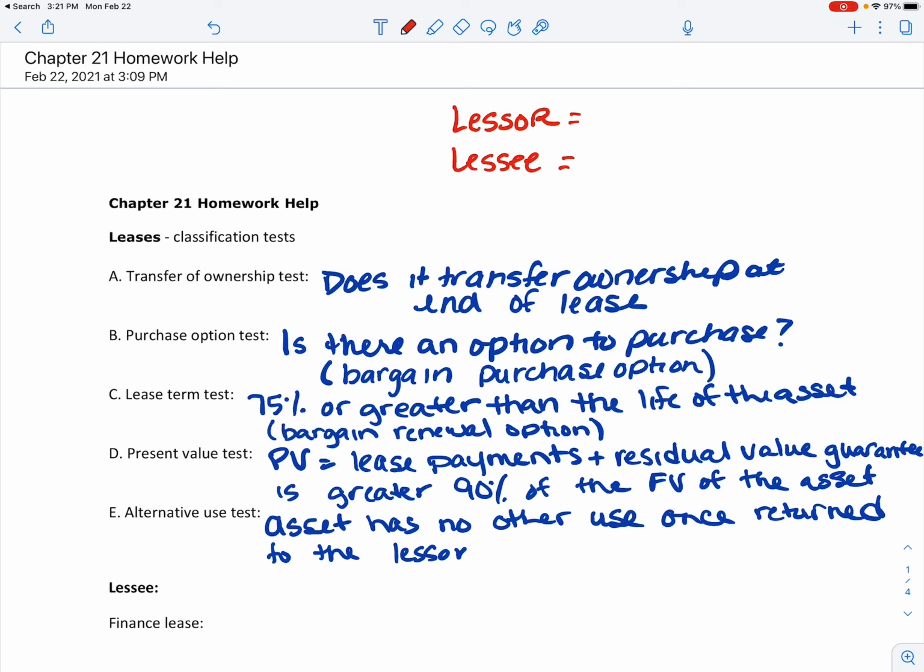The lessor is the person who owns the asset, and they're leasing it to the lessee, who is now signing off and kind of renting this asset from the lessor. So that gives you some plain terms when you're reading through these and the wording gets complex, to know who is doing what.